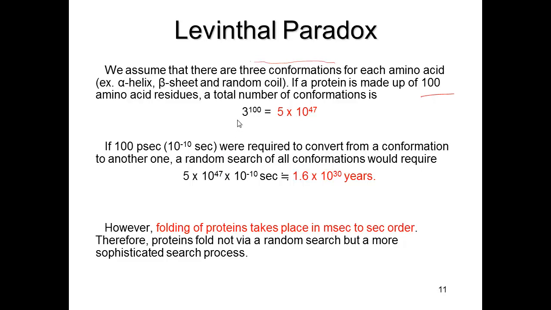That means the total number of conformations for this molecule is 3 to the 100th power, which is an astronomically large number. He then went on to postulate, assuming that it takes 100 picoseconds, so less than a nanosecond, to convert from one conformation to another, that it's an unbelievably long time for just a single protein to sample all the different conformations.